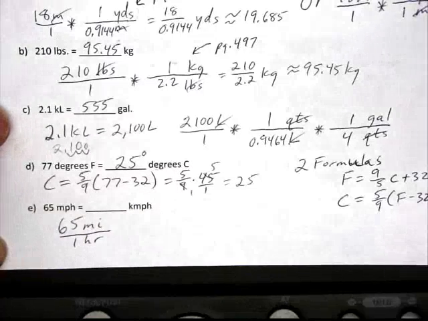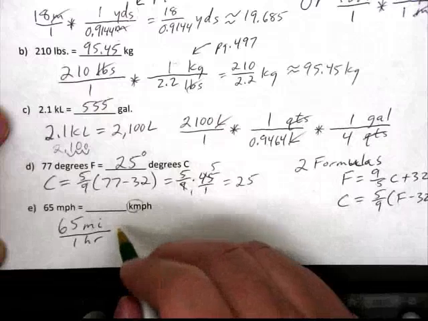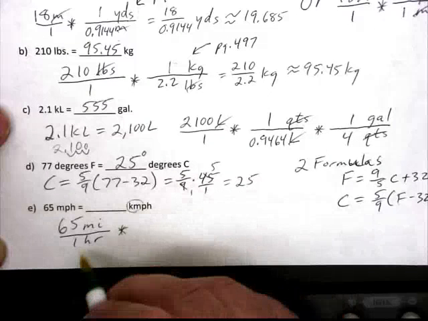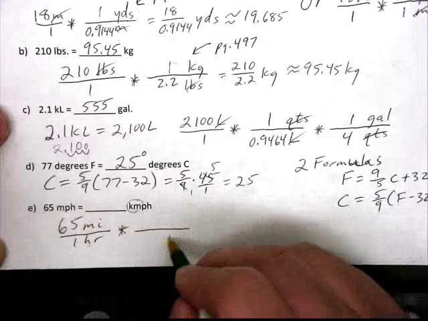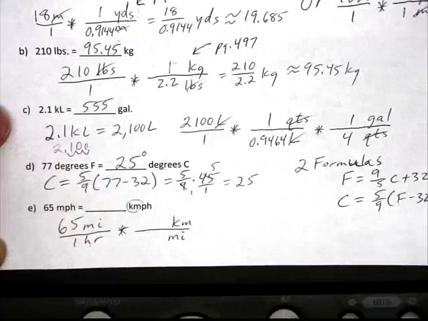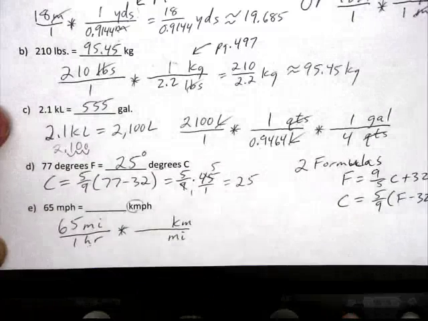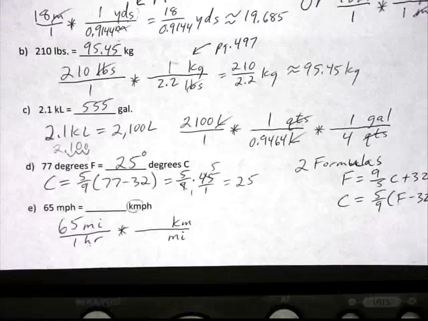That's what that's measuring. And what I want to do is convert that to kilometers per hour. So the hour here, that's fine. What I want to do, though, is get rid of the miles, and convert it into kilometers. So I need to find the relationship between kilometers and miles.